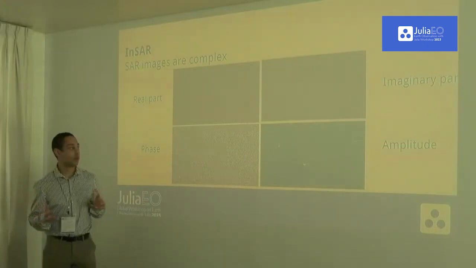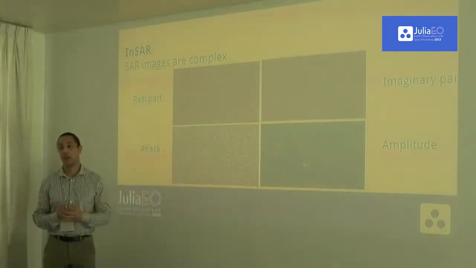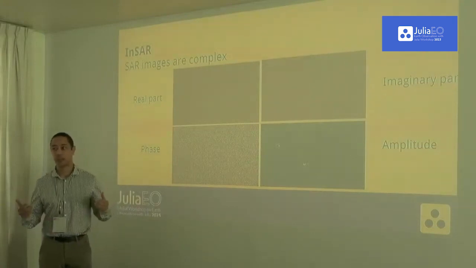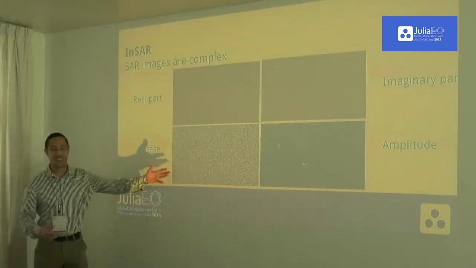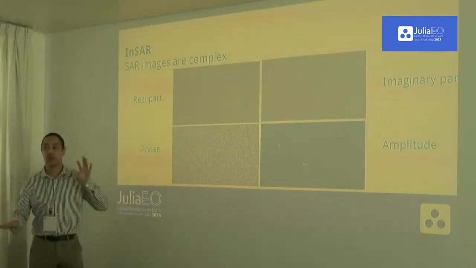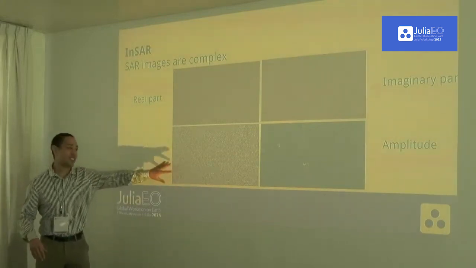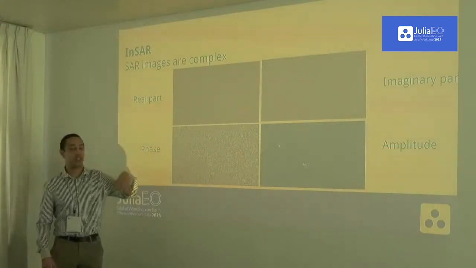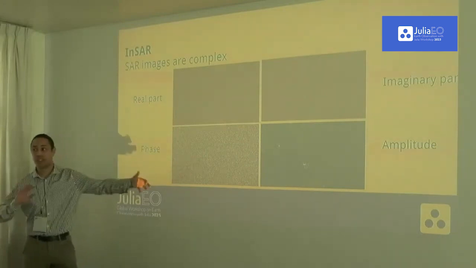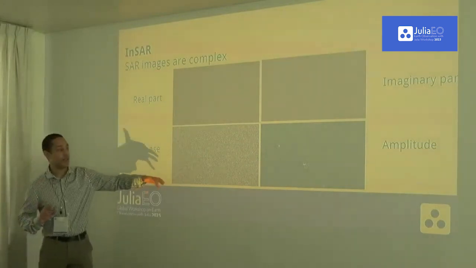And here we have the phase, and the phase of a single image is just noise. But we are able to get information out of the phase if we combine multiple SAR images over the same area. That process is called InSAR, where you're exploiting that the phase is not completely random.